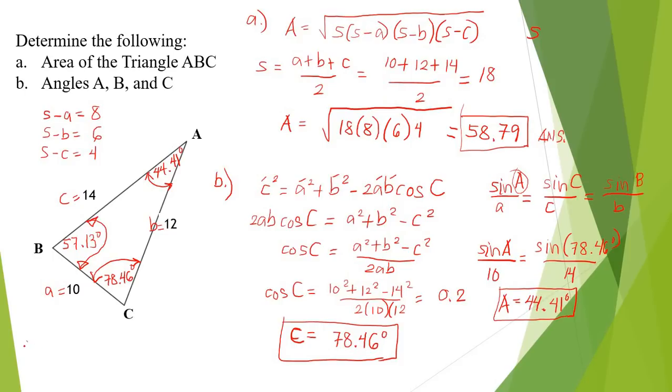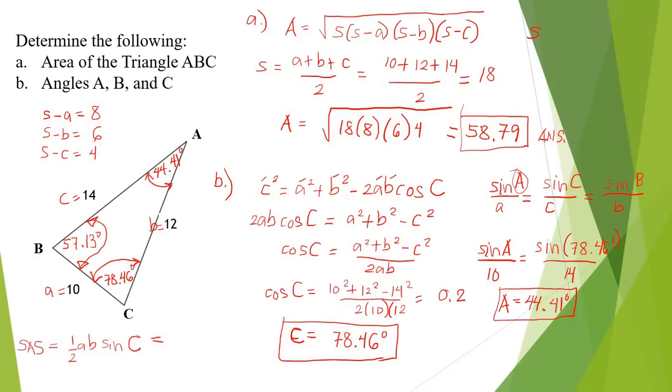Our SAS formula is equal to 1/2 AB sine C. Okay, we'll use this formula.